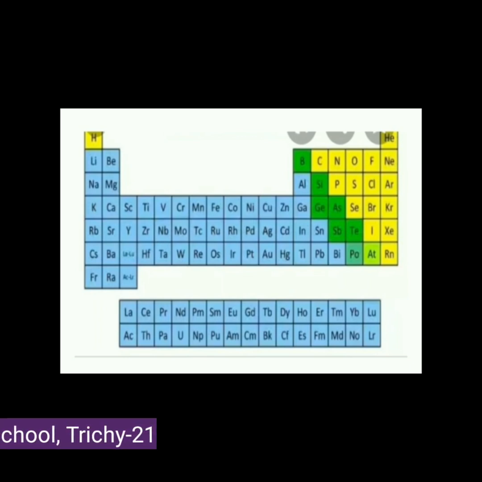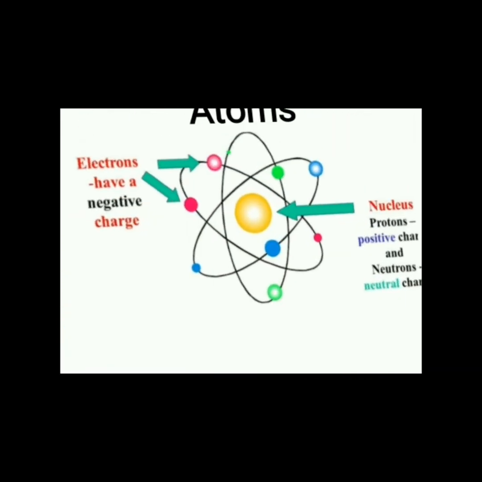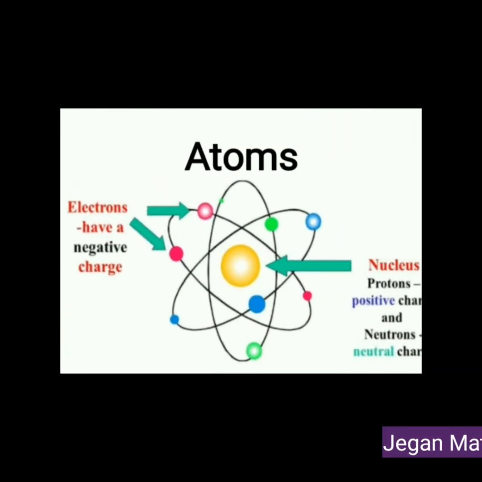Next, some elements are made up of only one kind of atom. For example, aluminium is an element which is made up of only aluminium atoms. What do you mean by atoms?